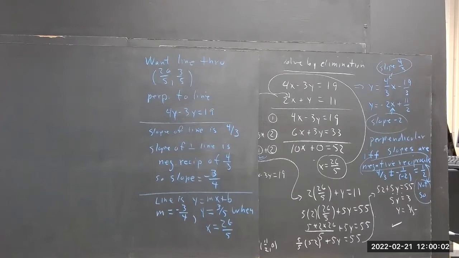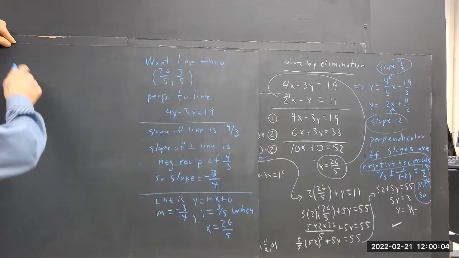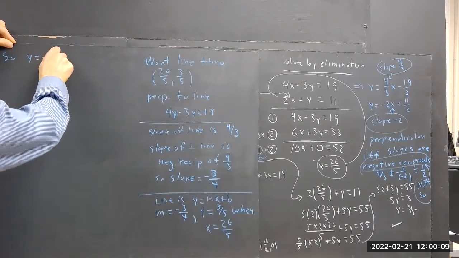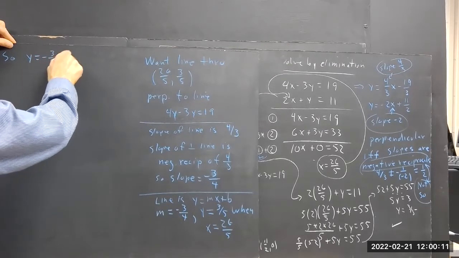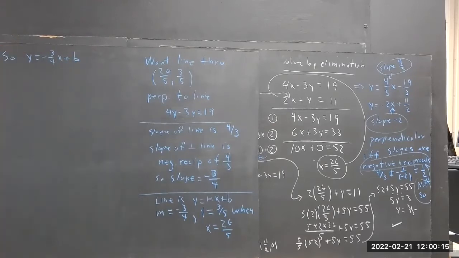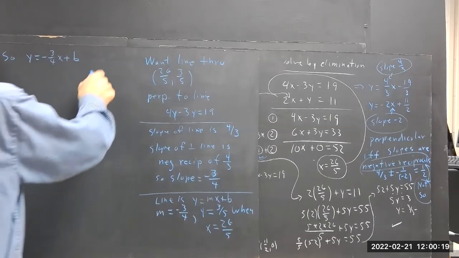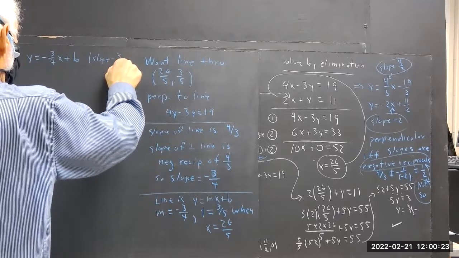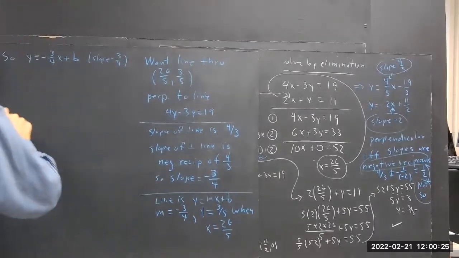Well, there we have what we need. So y equals -3/4 x plus b. That is the slope, -3/4.